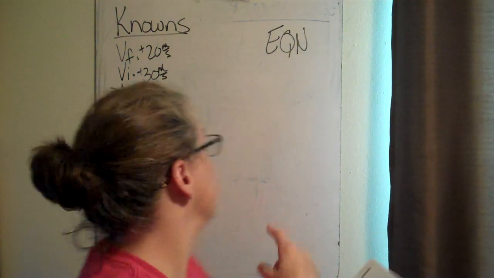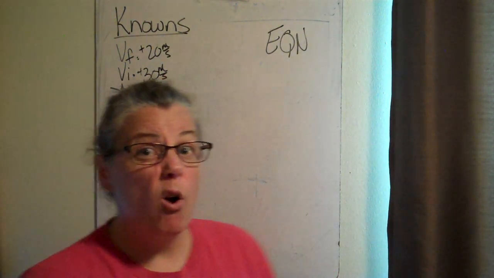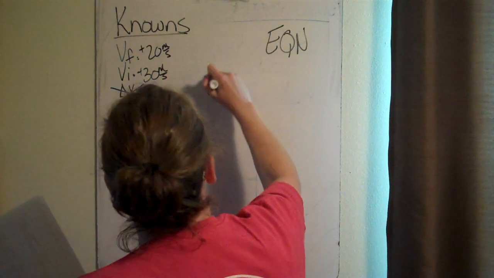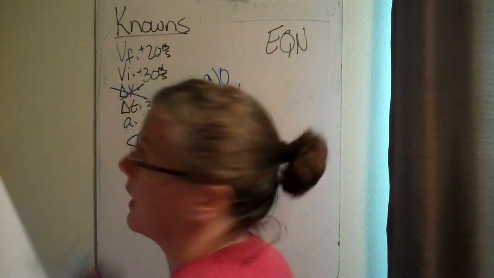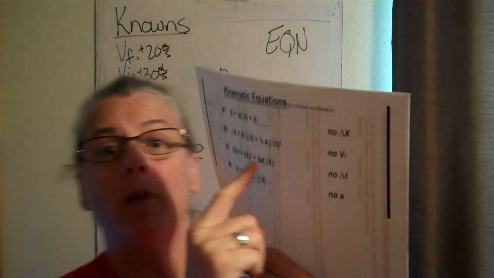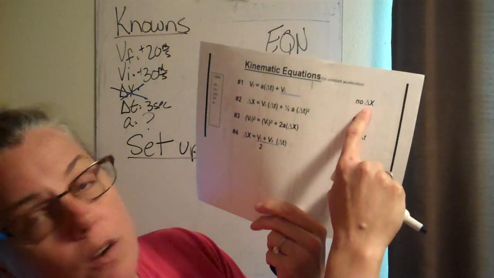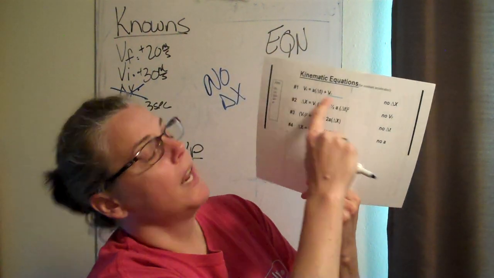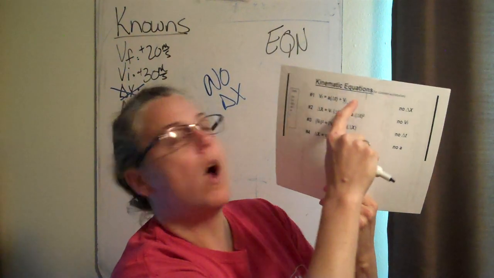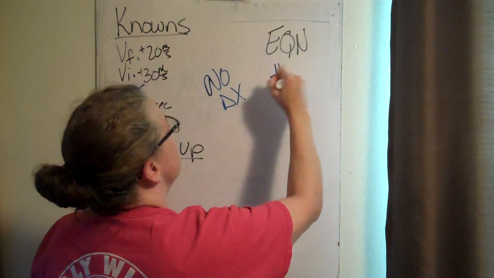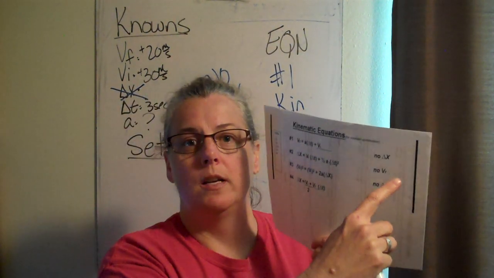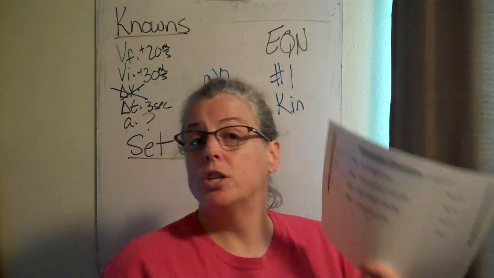In our case, we have no delta X. So when I look at my list, I can see right here, no delta X. I come back over and I can see that that's equation number 1. So kinematic equation number 1 is the one that we're going to choose.